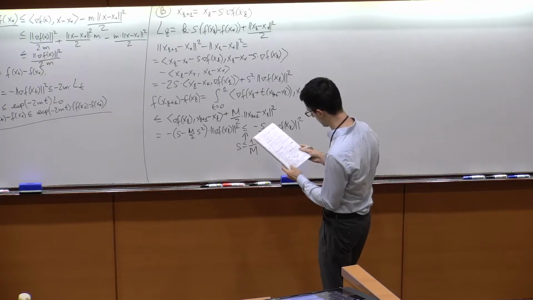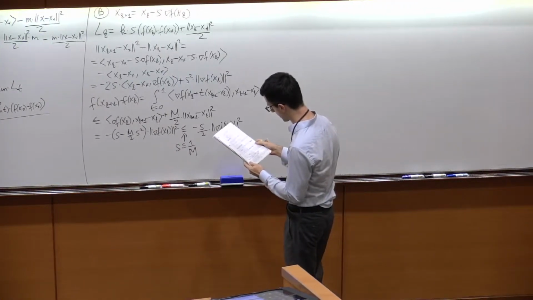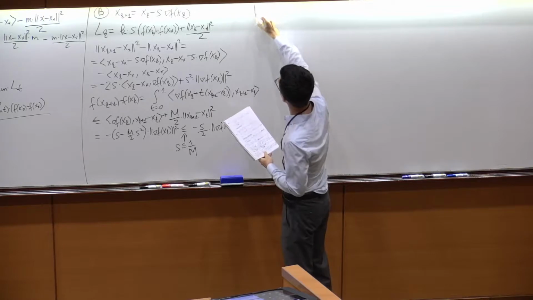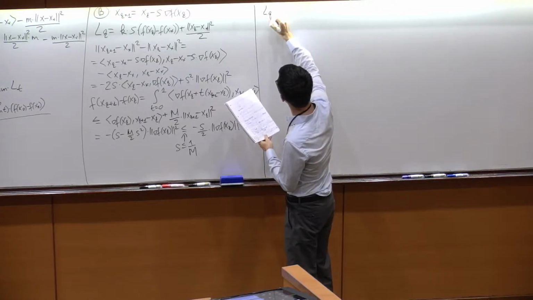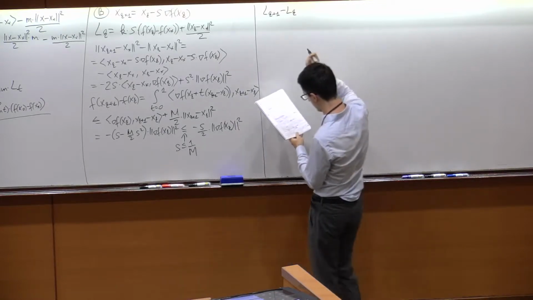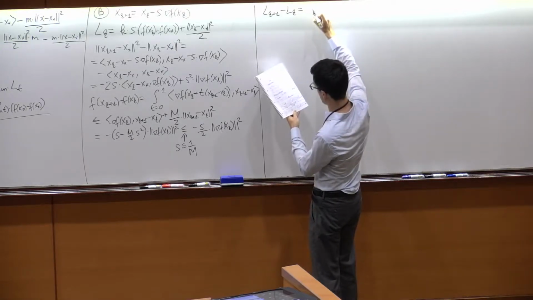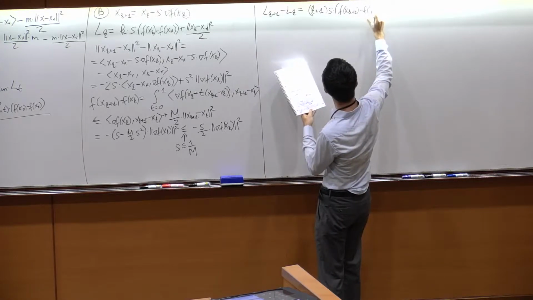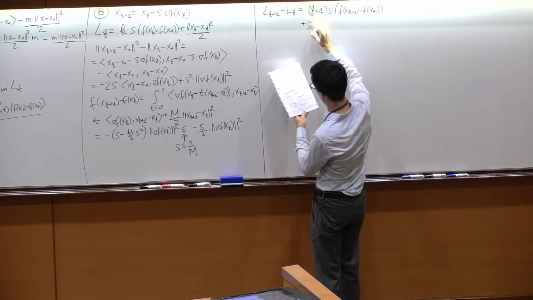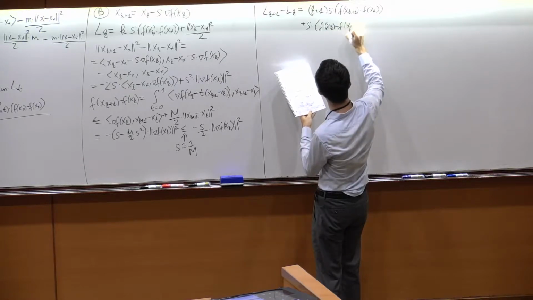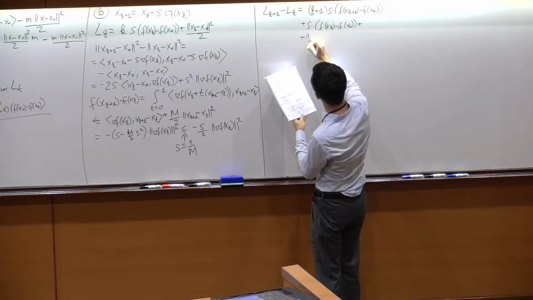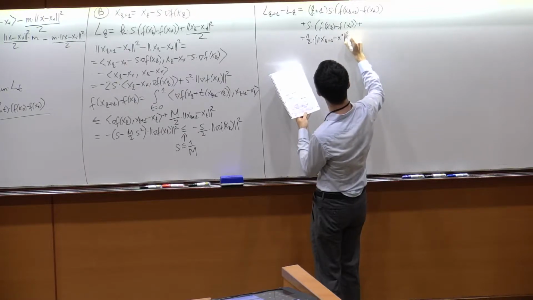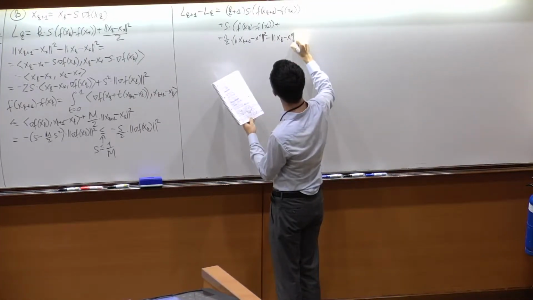And then if you combine these two terms, then you will obtain that Lk plus 1 minus Lk equals k plus 1 times s times f xk plus 1 minus f x star, plus s times f xk minus f x star, plus 1/2 times xk plus 1 minus x star square minus xk minus x star square.